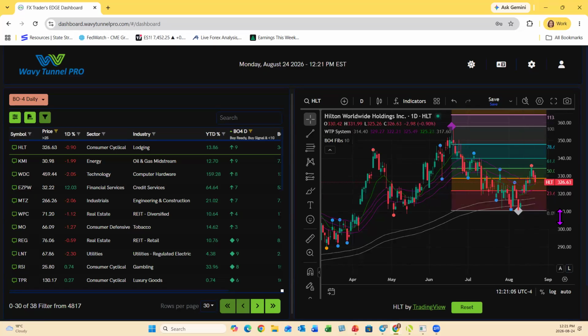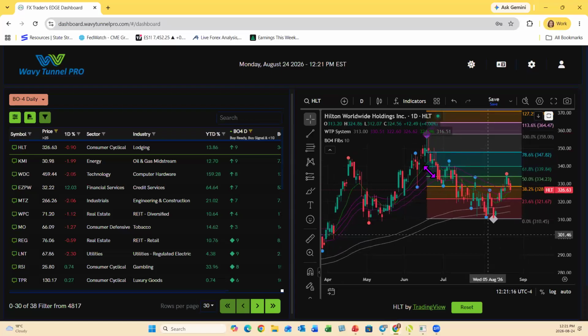You can see we traded up to the 38.2 and even to the 50% and then backed off. So what I said earlier was that if price starts to head higher and goes above the 61.8, that's a pretty strong signal that we could go higher, right? And we could go above the high.